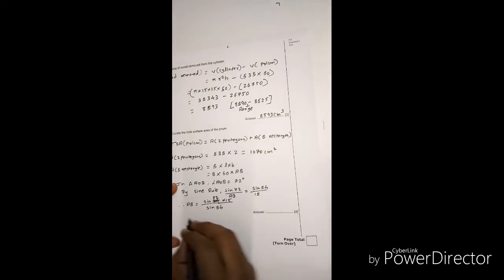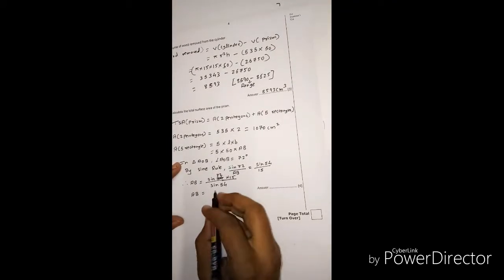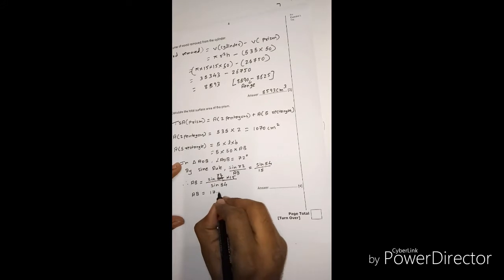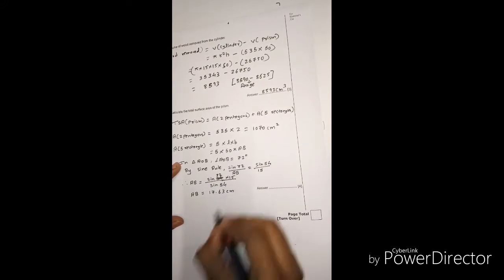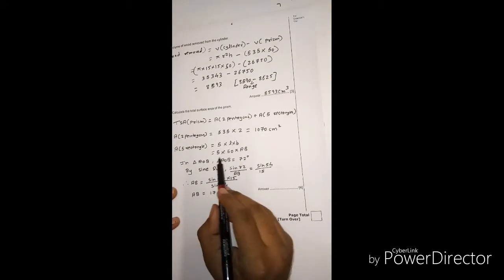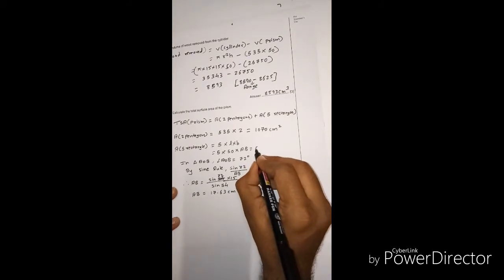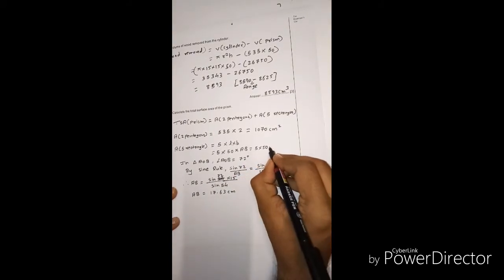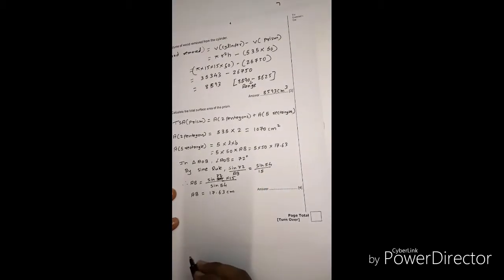When you calculate it, you will get the value of AB equal to 17.63 centimeter. Now using this value of AB, I will be calculating the area of 5 rectangles, which will be equal to 5 into 50 into 17.63.